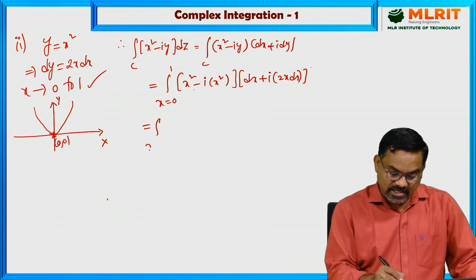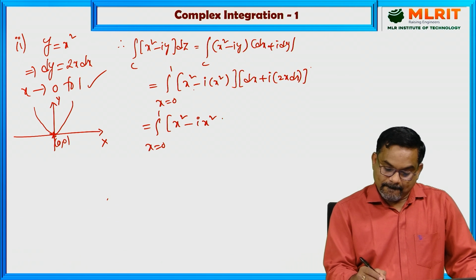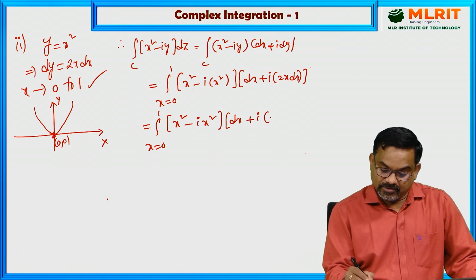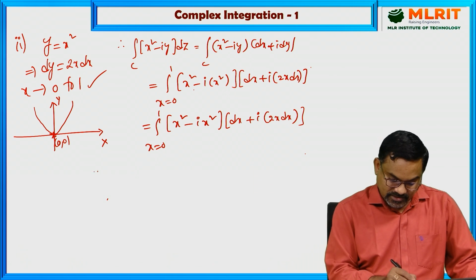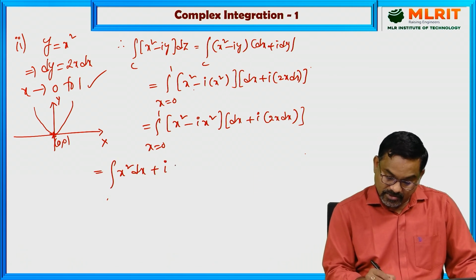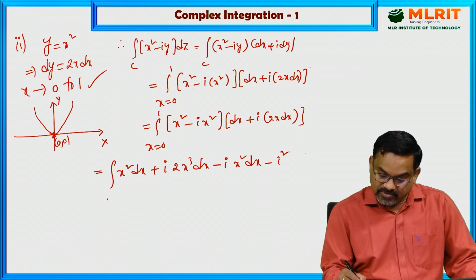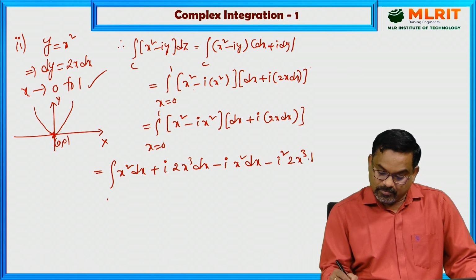So this is x from 0 to 1, x square minus i x square. So we need to multiply these two into dx plus i into 2x dx. So this is equal to x square dx plus i into 2x cube dx minus i into x square dx minus i square into 2x cube dx.